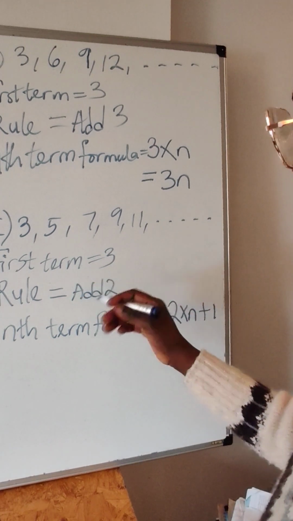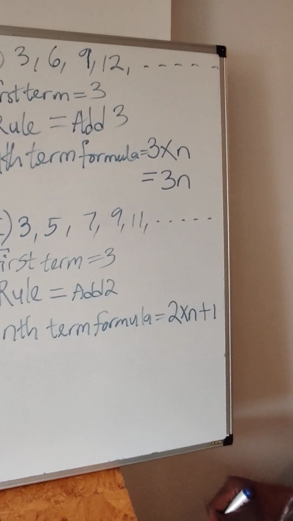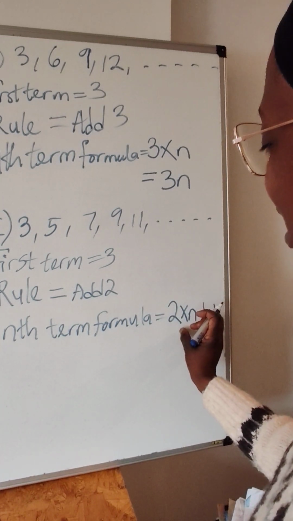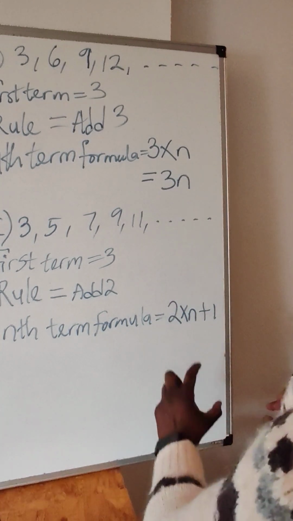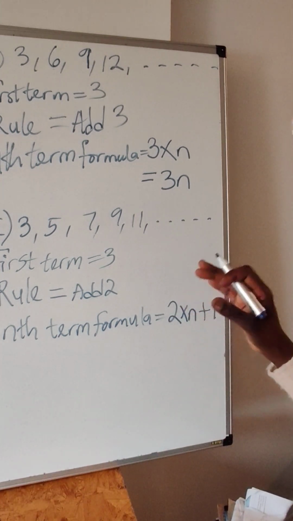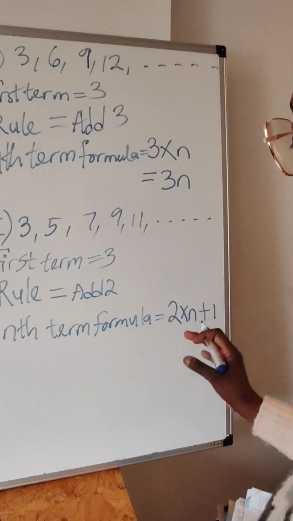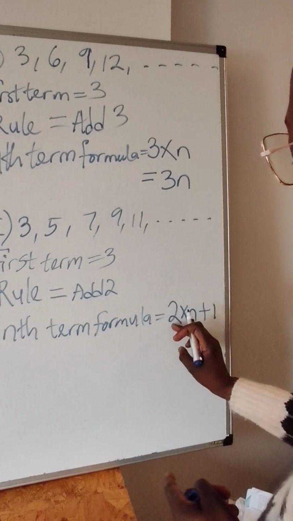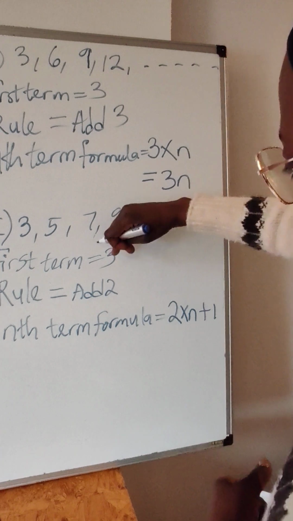Depending on the numbers you are given as the first term and the rule, you write the rule with a small letter n, then check the rule and the first term. If they are the same thing, you are good to go. But if they are not the same, you're going to look for what you need to do with what you already have in order to get your first term.